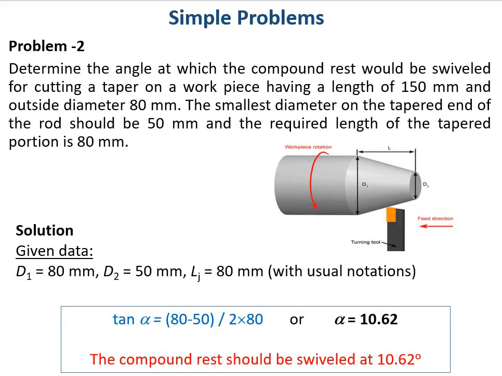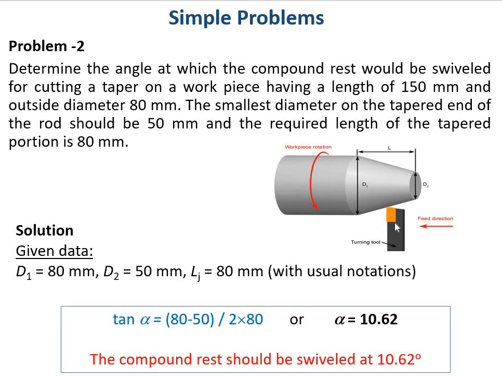As we know, the basic difference between straight turning and taper turning is that we need to swivel the compound rest so that the cutting tool, which is being fed against the workpiece, will move at an angle, and we will be able to achieve more material removal as we progress towards the end.